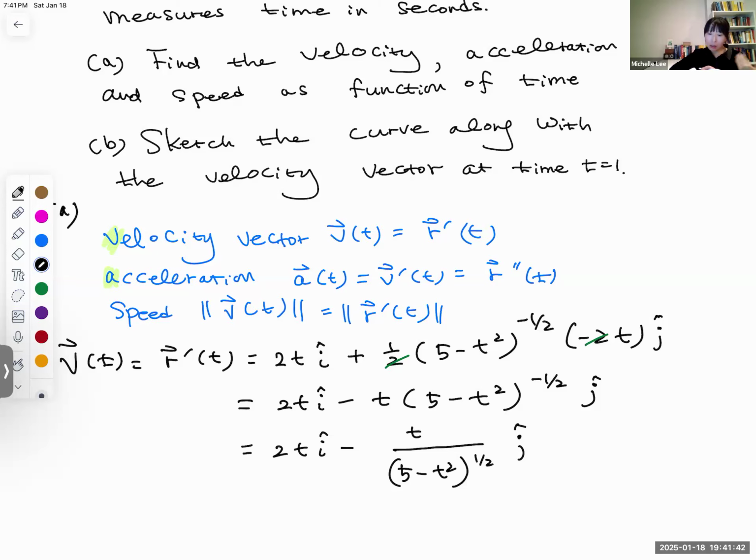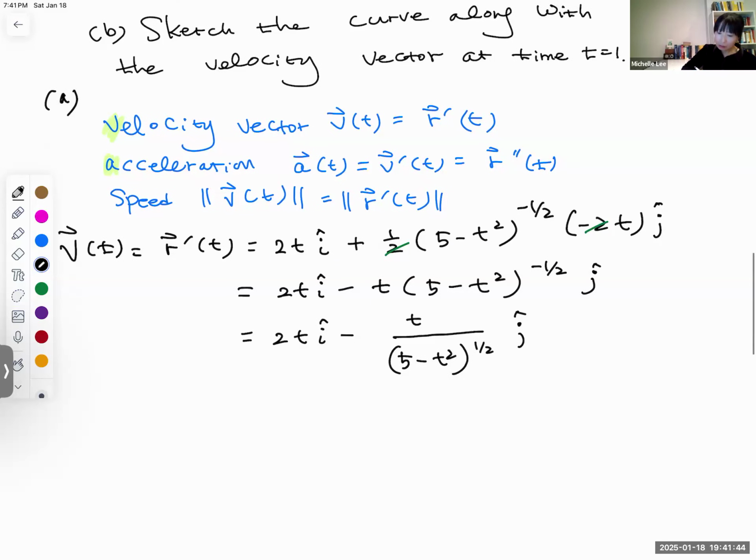All right, so acceleration, let's find out. We denote a of t, which is the first derivative of velocity, which is the same as the second derivative of the vector valued function.